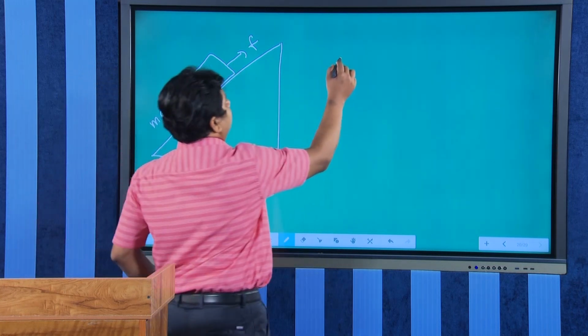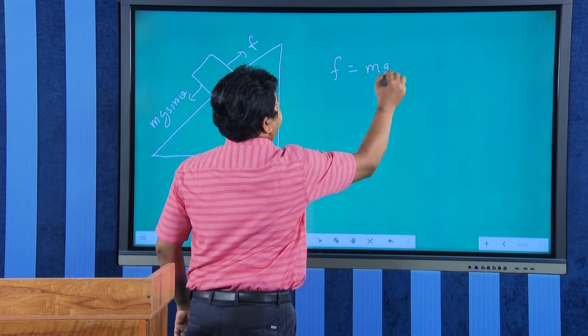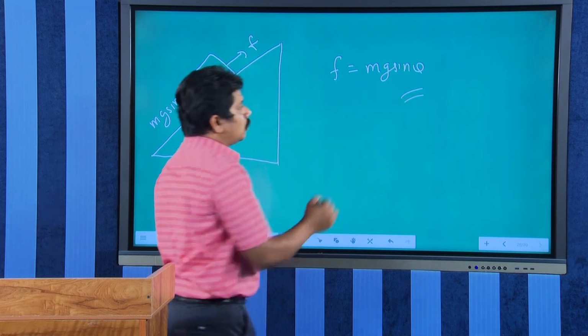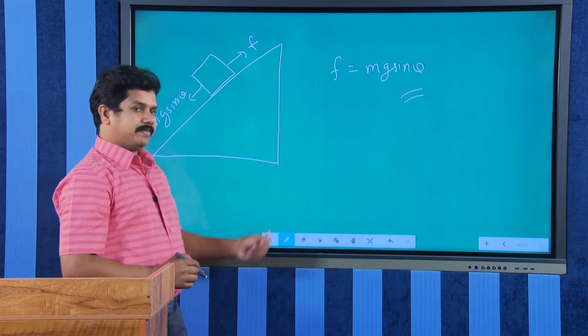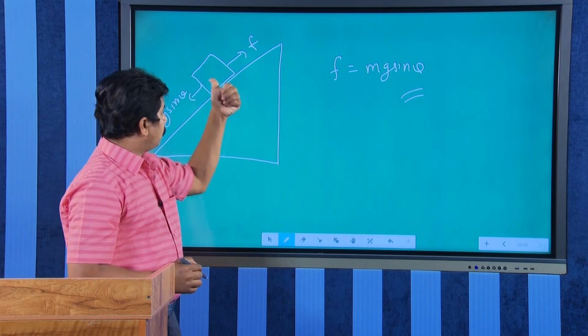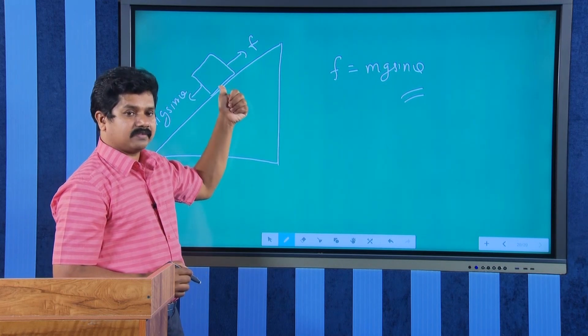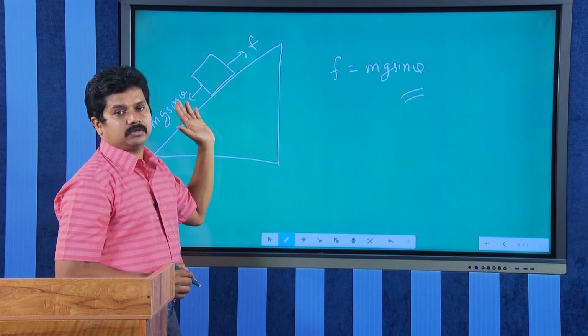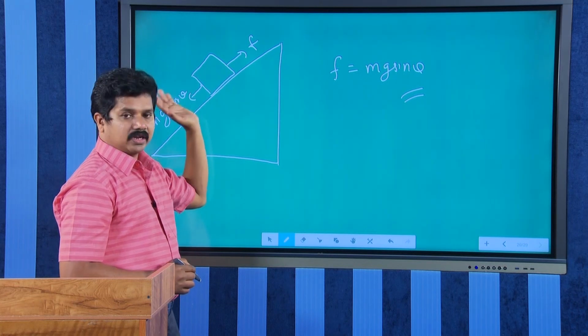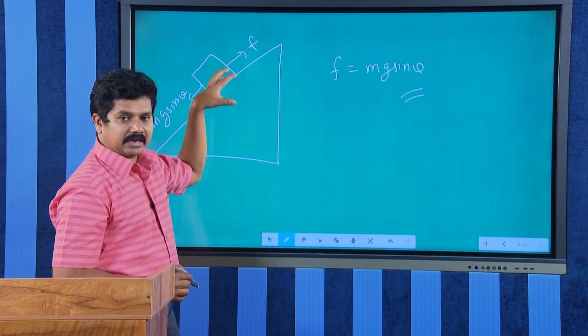Now, F will be equal to mg sin theta. This will happen if the block is resting on the surface, not moving down. Okay, it is just placed on the inclined plane.